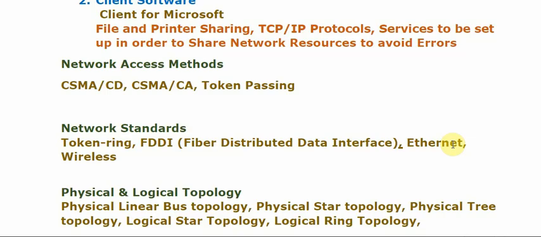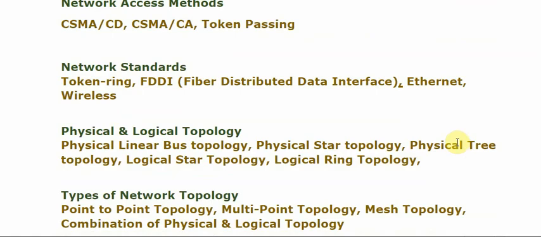So we have to have a very clear picture about the access method, network standard and the topology. Once you come to topology, mostly we concentrate on physical, but we need to understand logical as well. Physical is what we see; logical is the communication method used inside the network system.